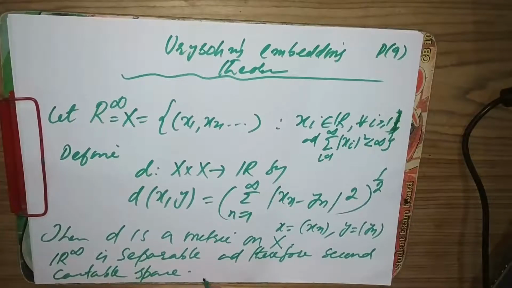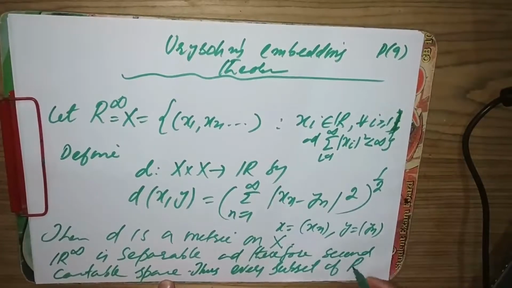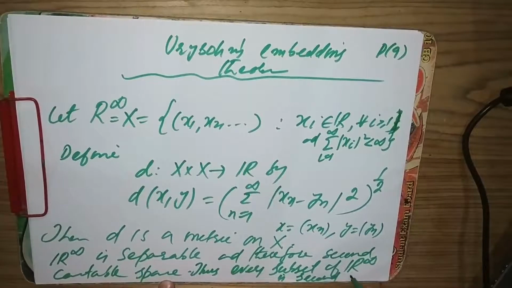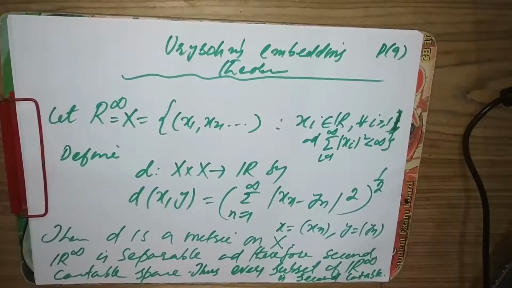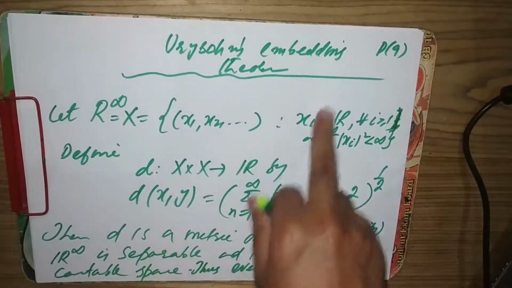Thus every subset of R infinity is also second countable. So this R infinity we are going to use in Urysohn's embedding theorem.